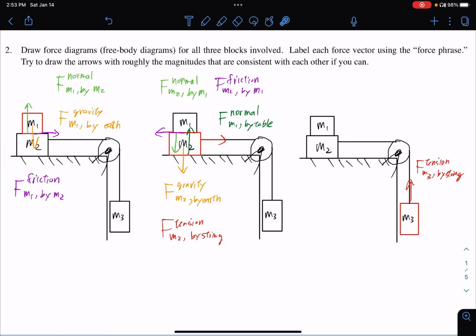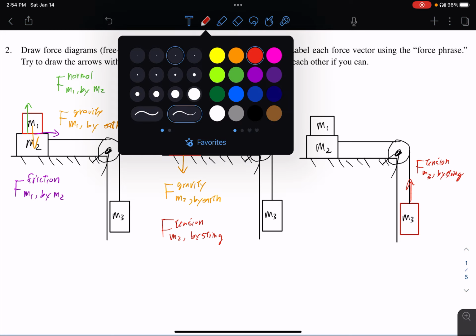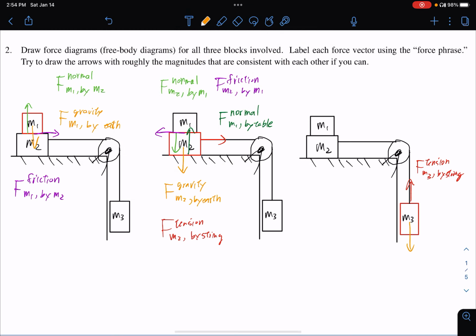One is the tension force acting on M3, another one is acting on M2. Then there's gravity pulling M3 down. So we have F gravity on M3 by Earth. So these are all the forces acting on the three different blocks separately.